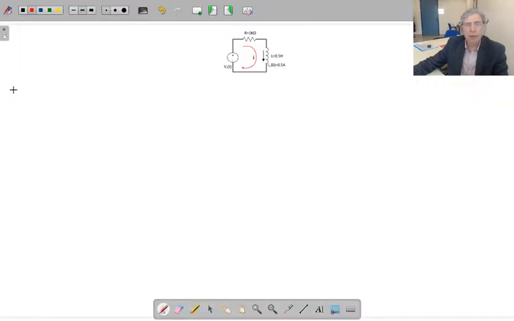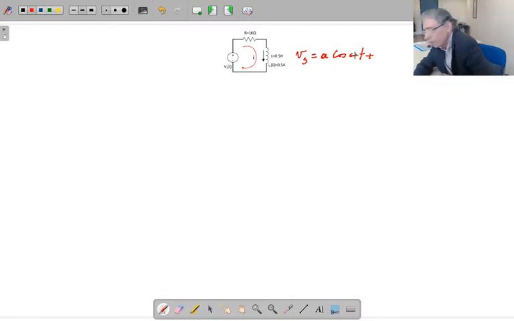Here is our serial RL circuit that we are going to examine. In this circuit, our source is an AC source, we said. That means Vs is equal to a times cosine of omega t plus phi.